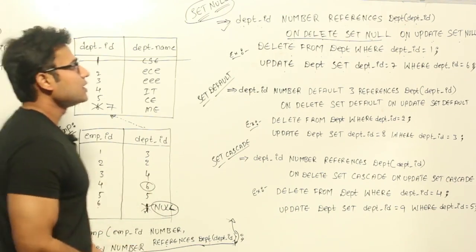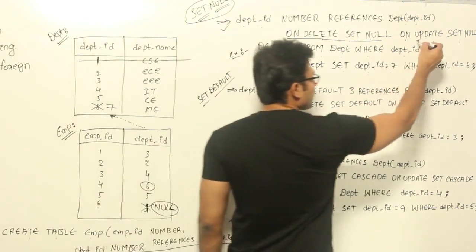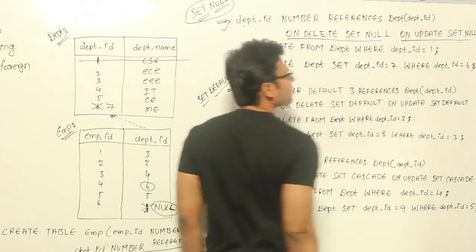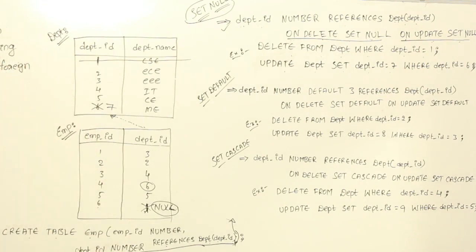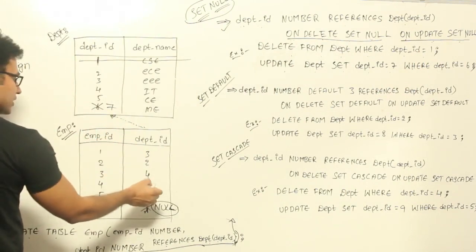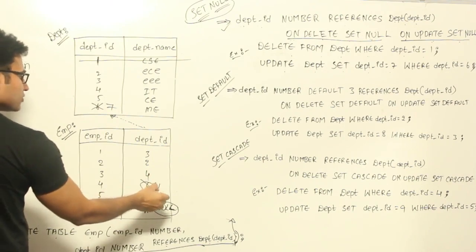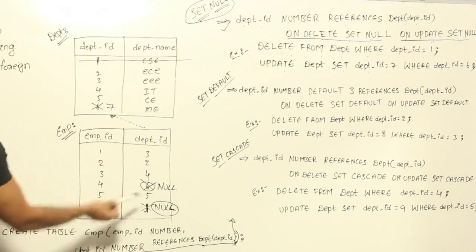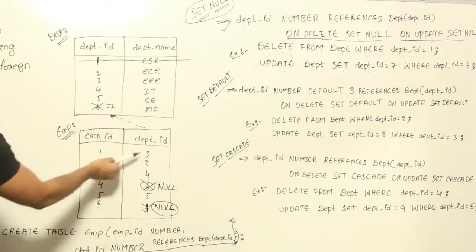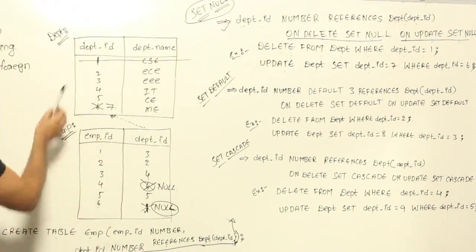This one you have already declared while creating the table. On update set null will be taken here. Why? You are actually updating, not deleting, right? Therefore on update you are going to set null, which means this one will also be made null. Now again, referential integrity is maintained. Whatever values you see here, all the values will be present there.